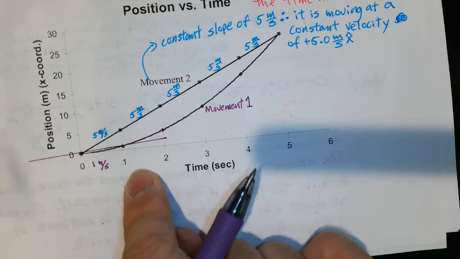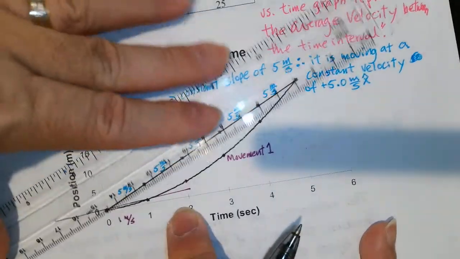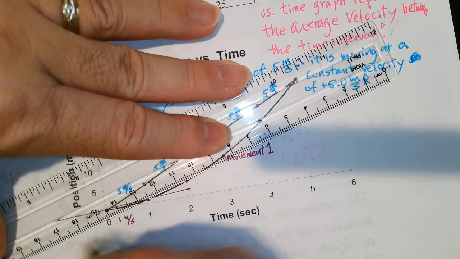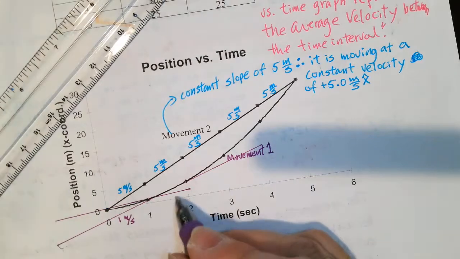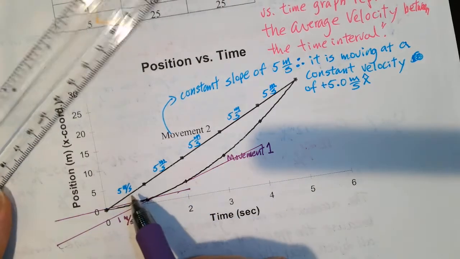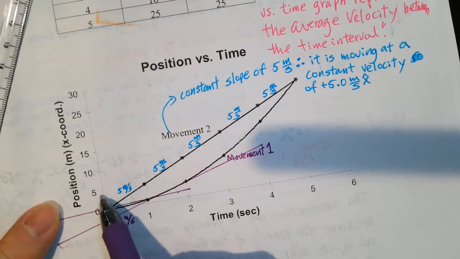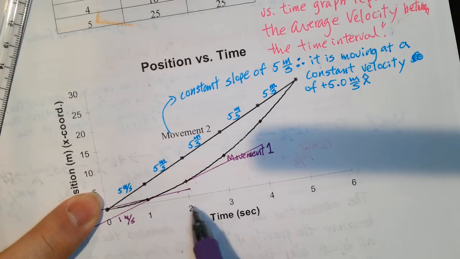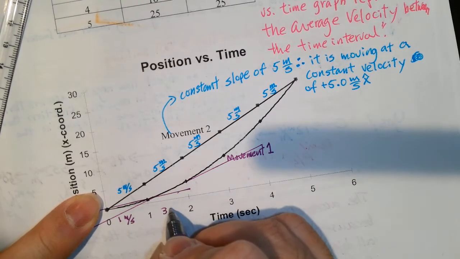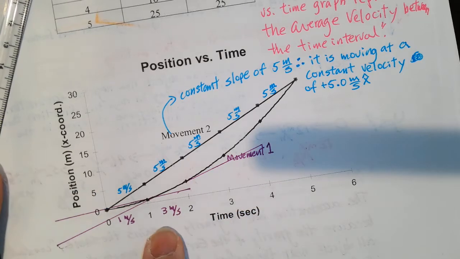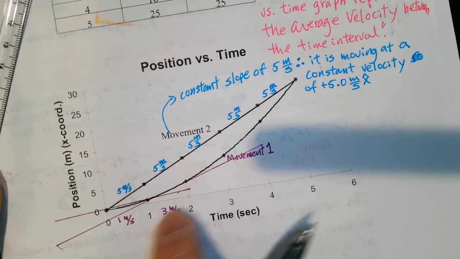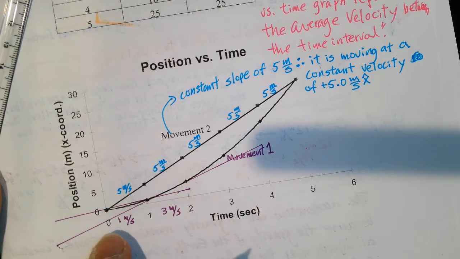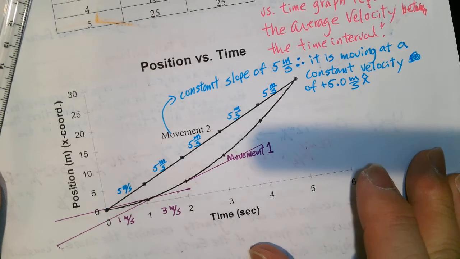The slope value from 1 to 2 seconds is this, and that is 4 minus 1 over 1, which is 3 meters per second. So my velocity between 1 to 2 seconds is greater than velocity 0 to 1 second.